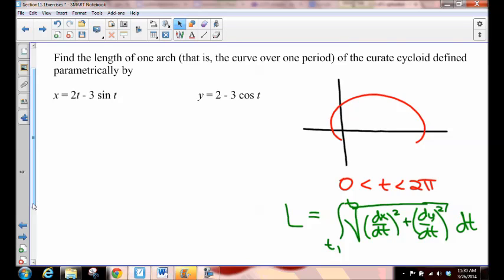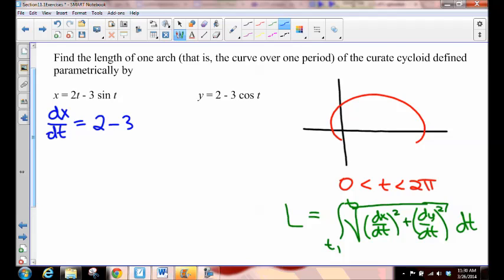So we need to start by finding out what dx dt and dy dt are going to be. So dx dt is going to be equal to 2 minus 3 cosine t, and dy dt is just going to be 3 sine t.